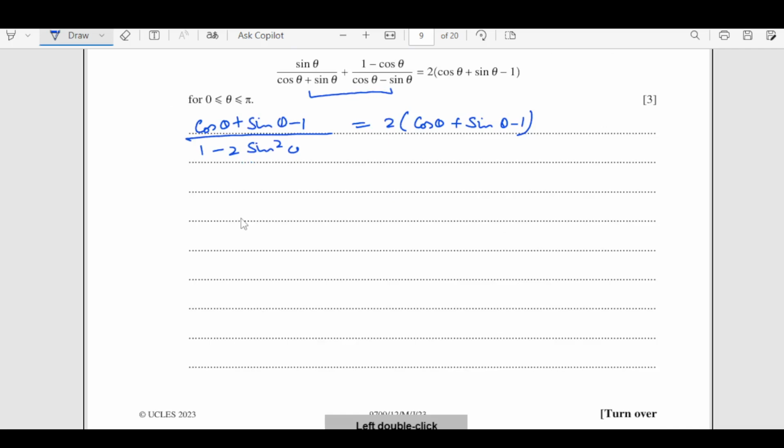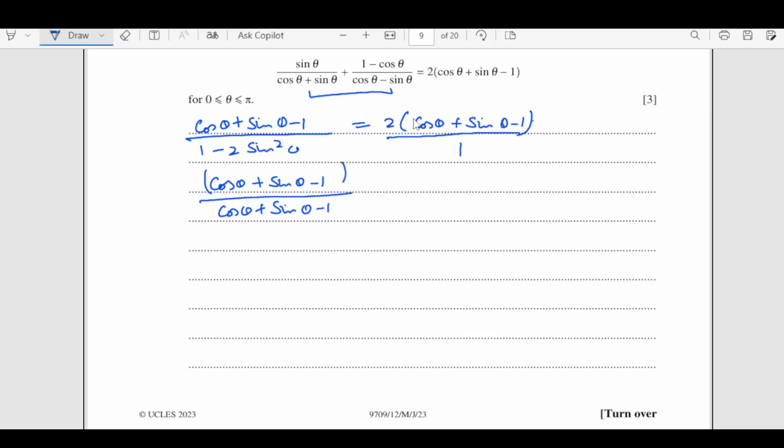So now we will have this one, cos theta plus sin theta minus 1 over this, and if we take this one, I can bring this down here, you see this and this are the same, so I am going to write it down: cos theta plus sin theta minus 1 over, bringing this on this side, this whole term, cos theta plus sin theta minus 1.